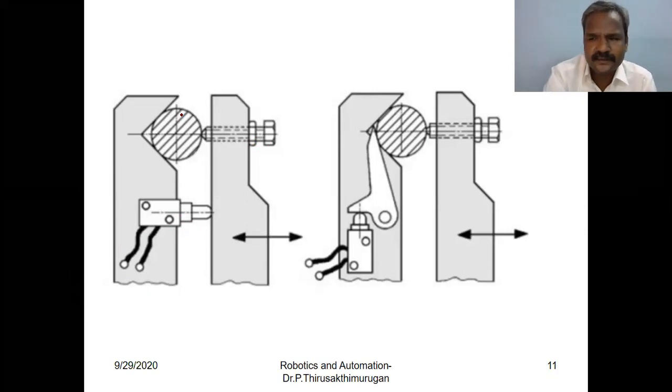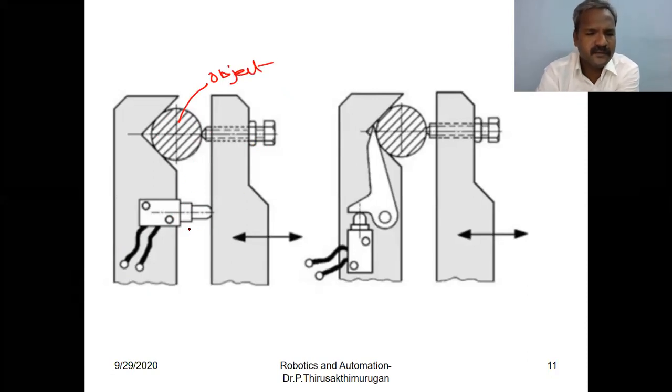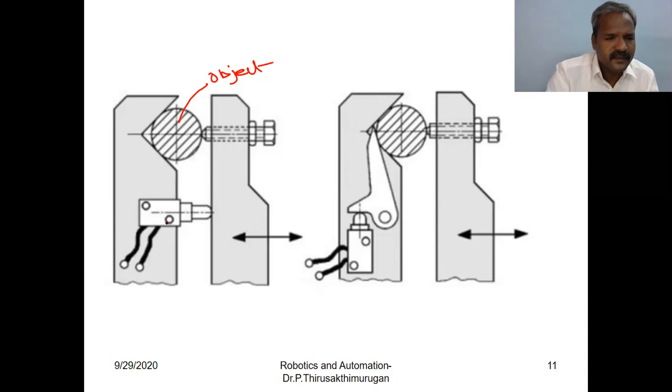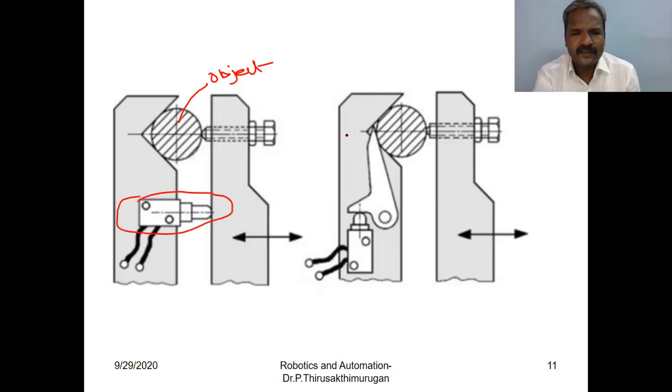This is the object. This is your parallel arrangement, limiting of the gripping force. So this is basically for monitoring prehension and release with the help of these sensors. You see here, when the object is released, this is release detection.